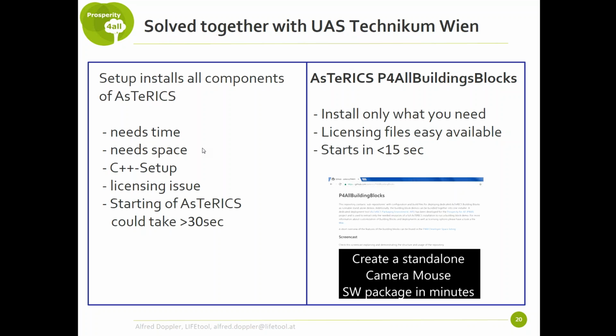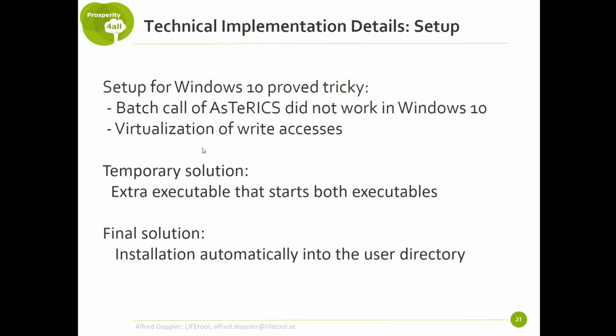Yeah. And another thing that was quite tricky was the setup for Windows 10, because we first tried to start AsTeRICS with batch calls, but this worked under Windows 7 and Windows 8, and it did not work anymore on Windows 10.